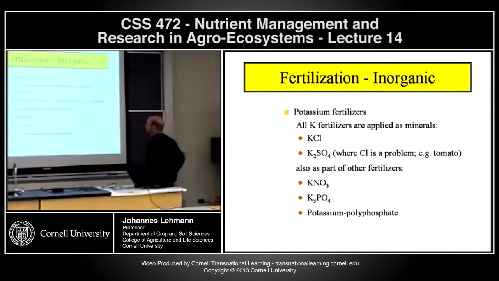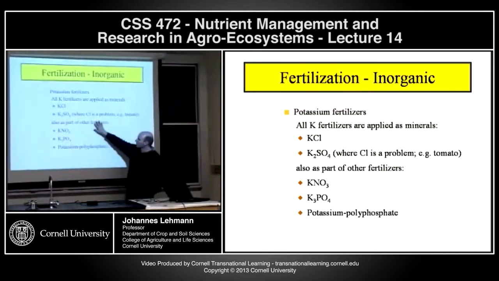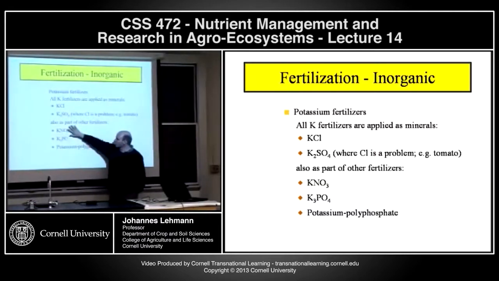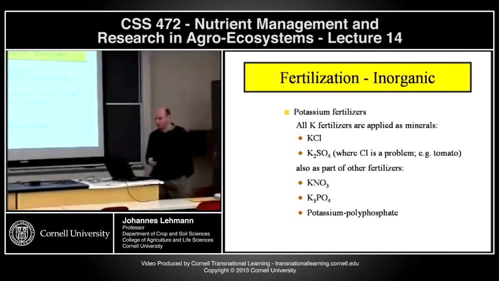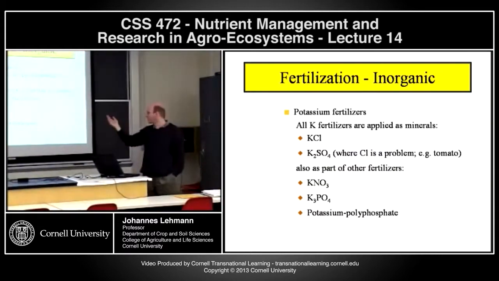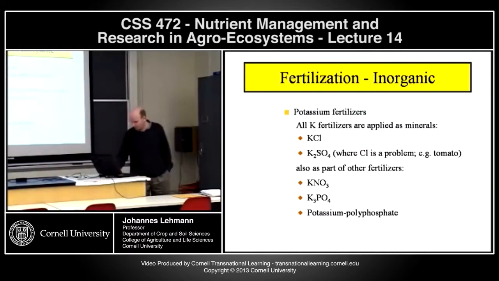And then we will see that with other elements as well. You also apply potassium, of course, when you apply other fertilizers because it happens to be in there. For instance, a nitrate fertilizer, if you happen to use potassium nitrate, you're applying, of course, also potassium with your nitrate. The same with potassium phosphate.